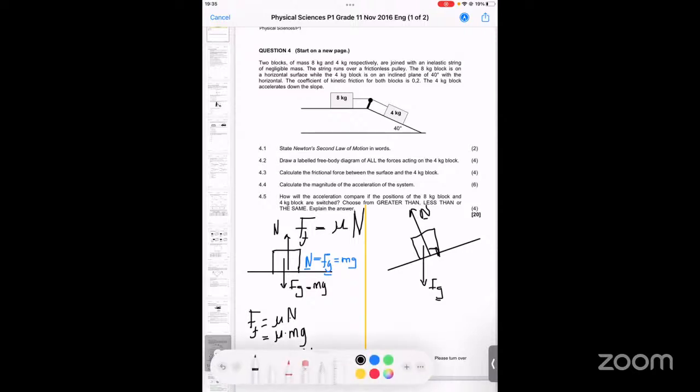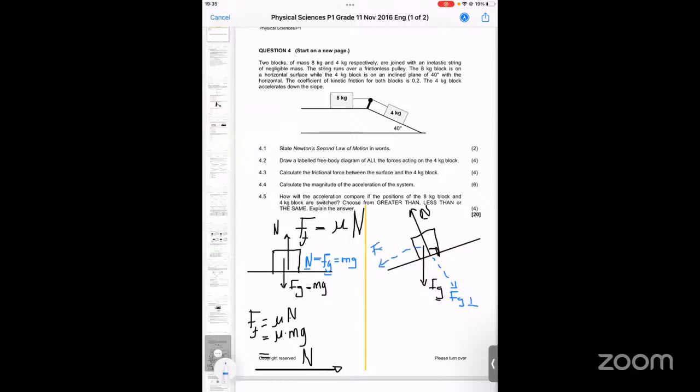But that is why we end up having the components of that FG, which we call FG perpendicular and FG parallel. Those two components replace this force, so that means this force is no longer included in the calculations.